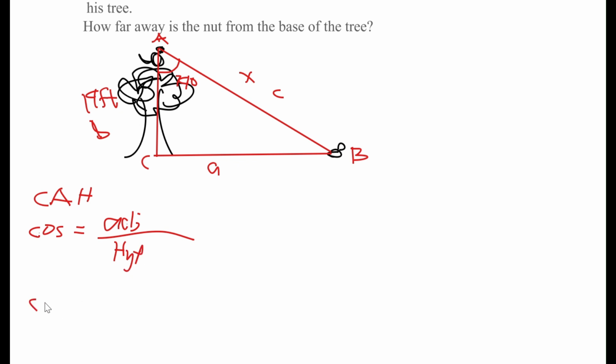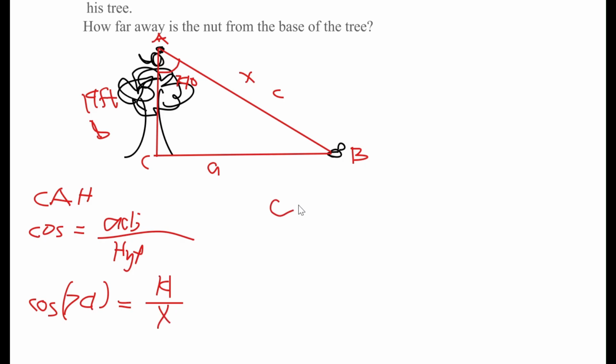So cos 74 is equal to the adjacent, which is 14, over x.